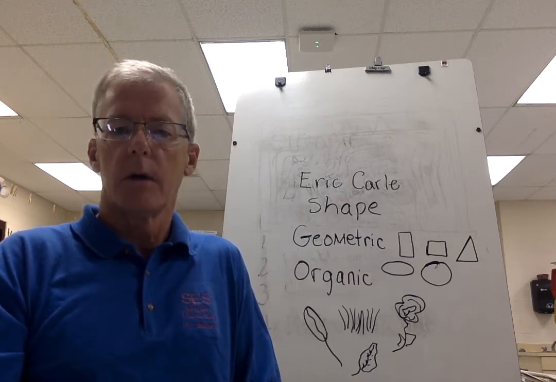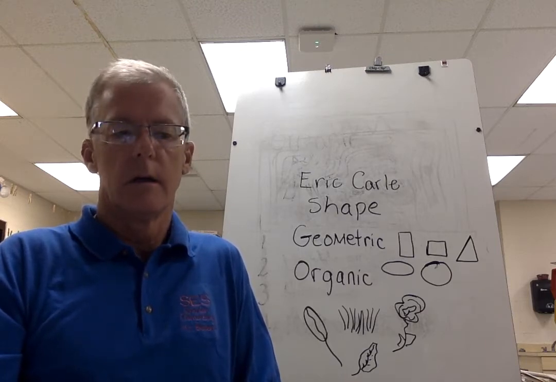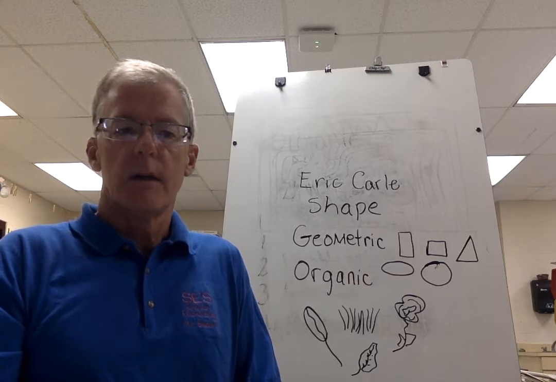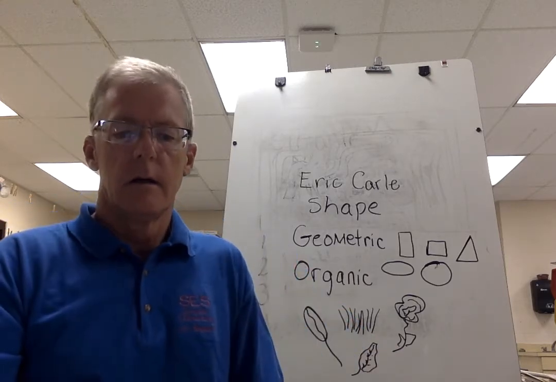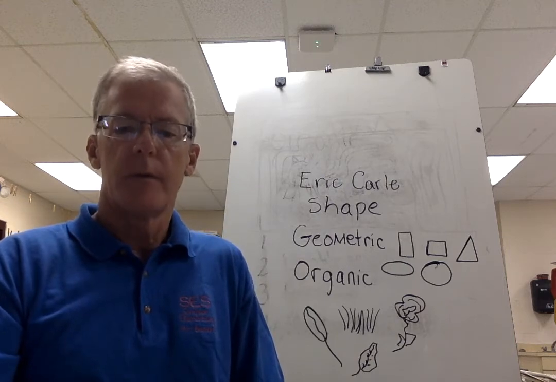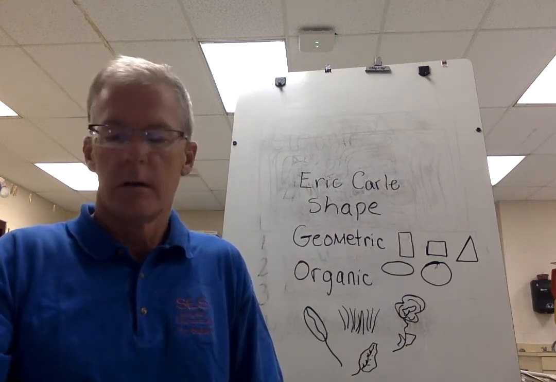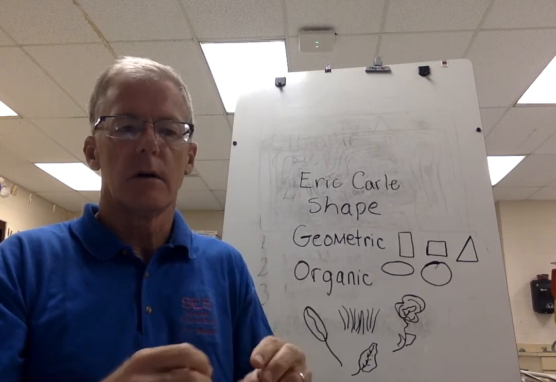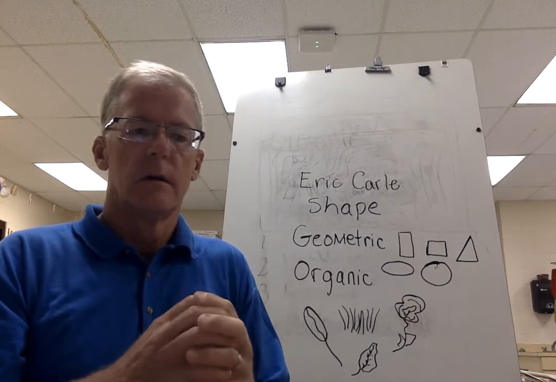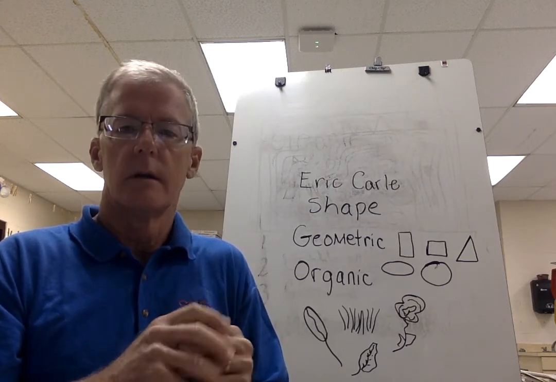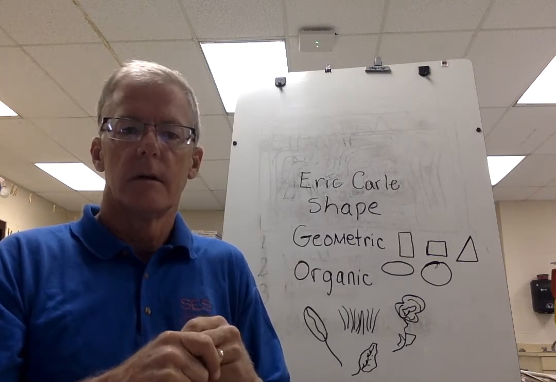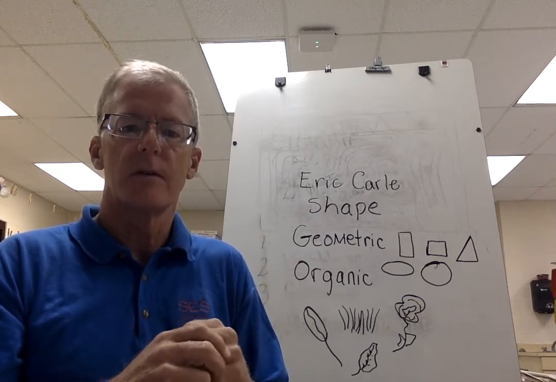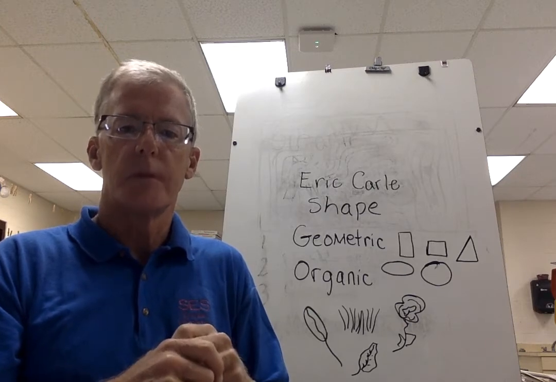But right now I want to go ahead and show you the activity that you're going to do. And we're going to take the shapes that we have and paste them down on our paper. And then we're going to create a little caterpillar to go on the shapes. So if you want to pause the video and find yourself a piece of paper.